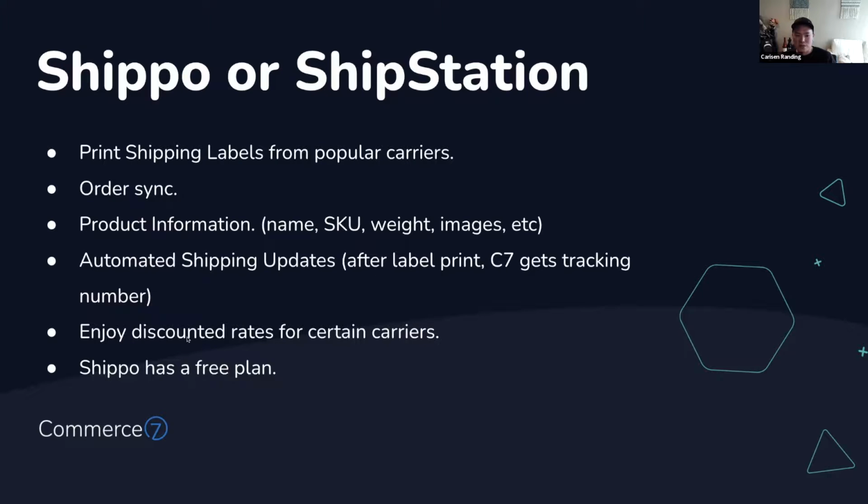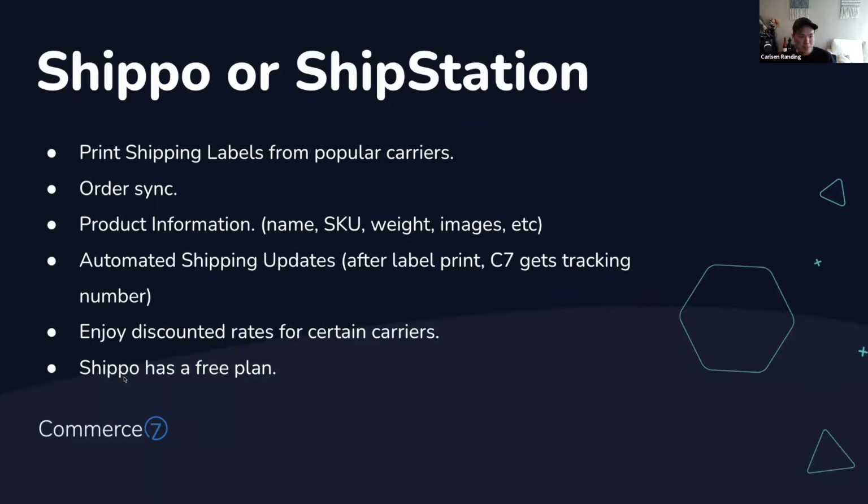You would also enjoy discounted rates for certain carriers. So Shippo and ShipStation are large companies who have been able to negotiate preferred rates with the carriers and pass on that savings to their users. So by using these services, when you're generating your label, you're able to get discounted rates on your shipping for certain carriers.